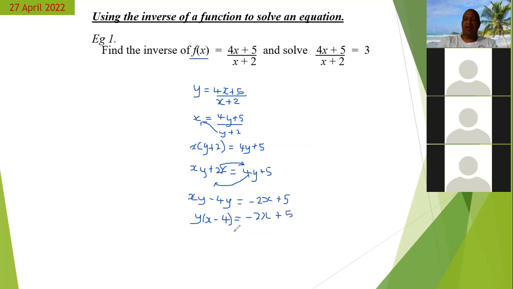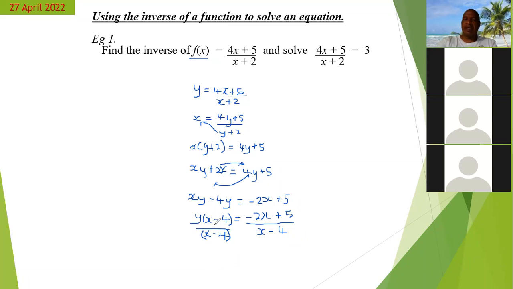All right, so our next step now is to divide both sides by the brackets. We divide the left side by x minus 4, and divide the other side also by x minus 4. Now you don't really have to keep it in brackets in the denominator because there's nothing outside.